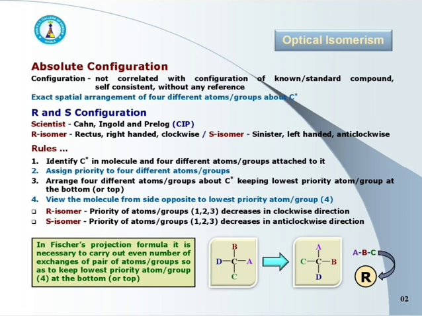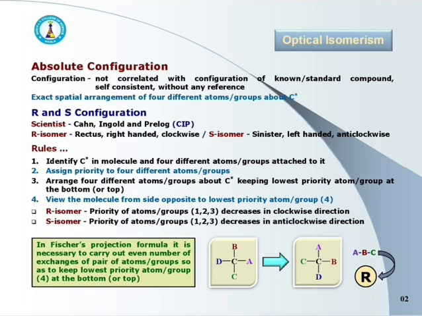Now, while viewing the molecule, if the priority of atoms or groups, that is first, second, third priority, decreases in clockwise direction, then it is the R isomer. Whereas if the priority decreases in anticlockwise direction, then it is called the S isomer.